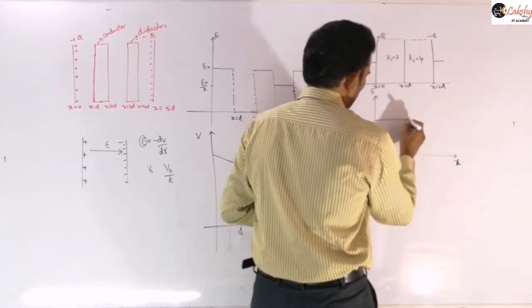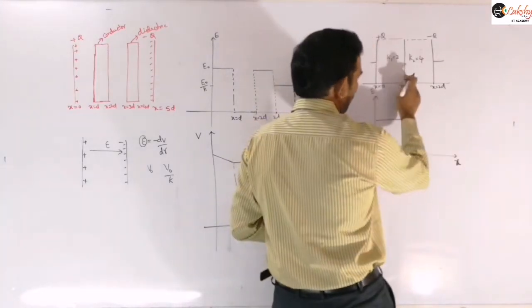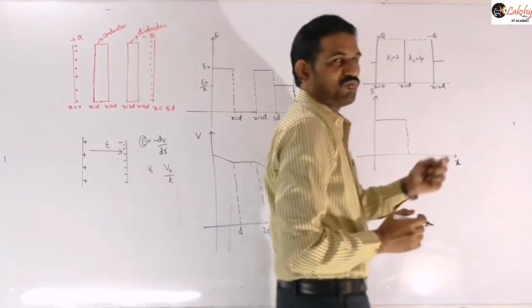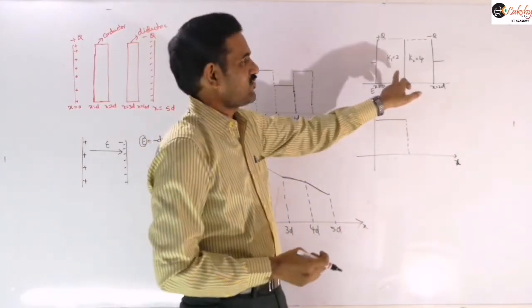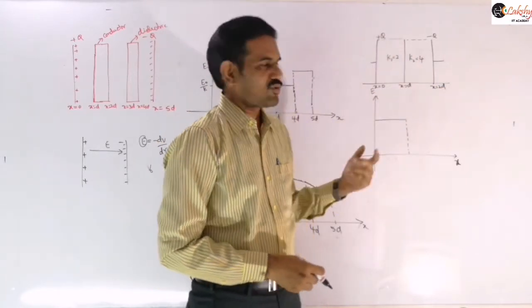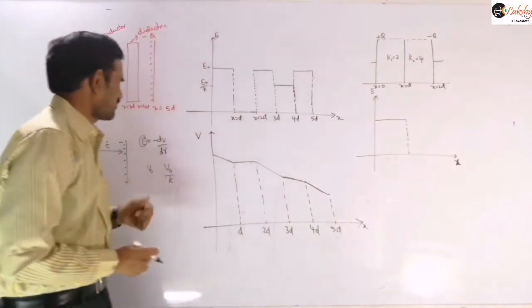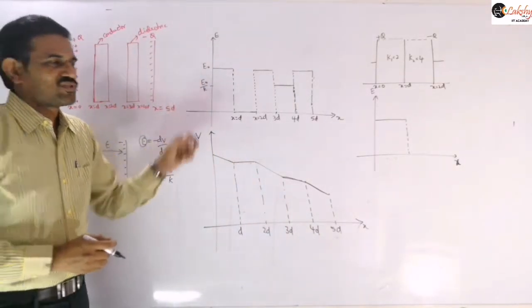From here to here the electric field will be like this. And then from here to here the electric field will be further less, right? It is half of that, because here you will get E naught by 2 and here you will get E naught by 4, because the electric field inside will be given by E naught by K times once you introduce a dielectric.